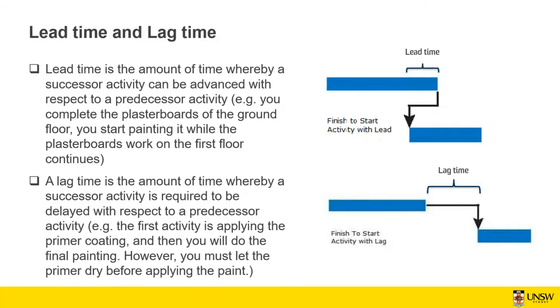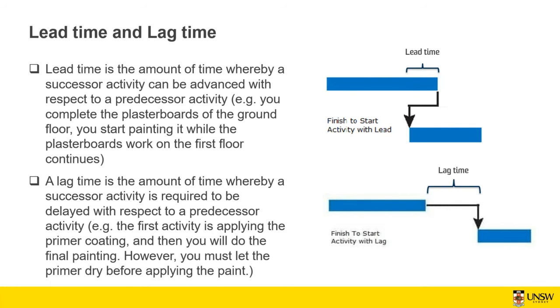Okay, so what about lag time? Lag time is the amount of time whereby a successor activity is required to be delayed with respect to a predecessor activity. So after finishing one task, you need to wait a specific amount of time before starting the successor activity.